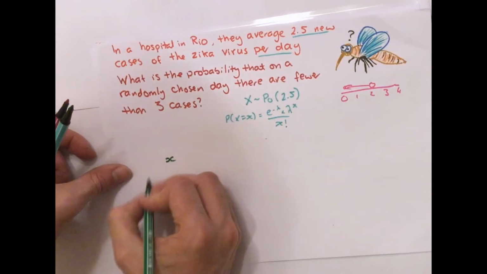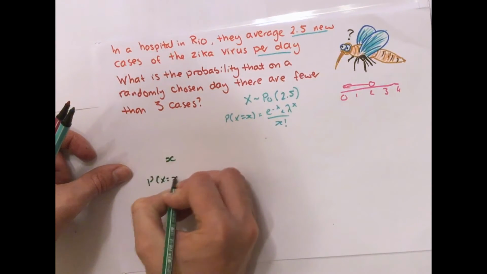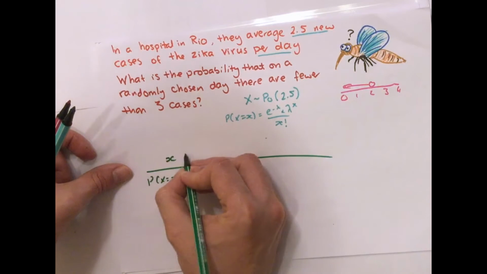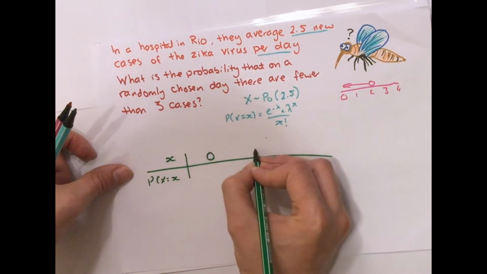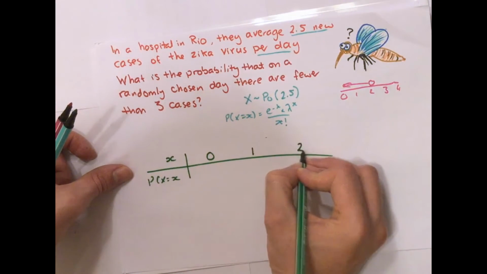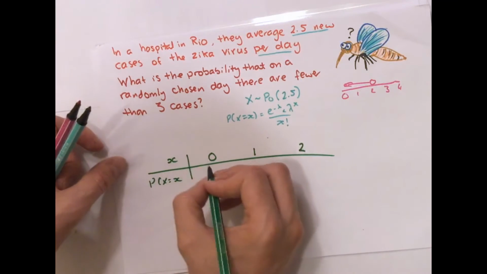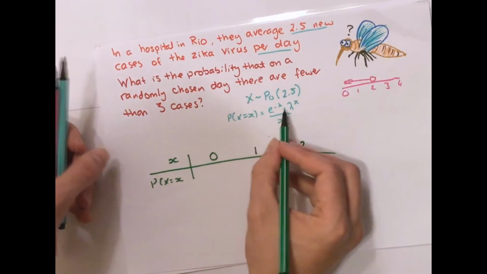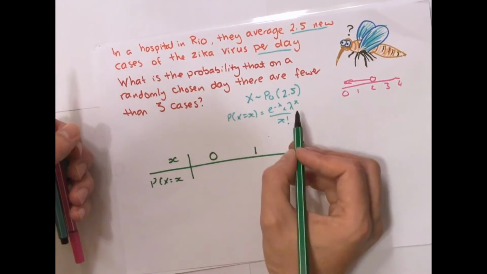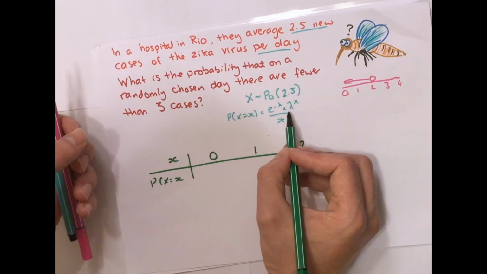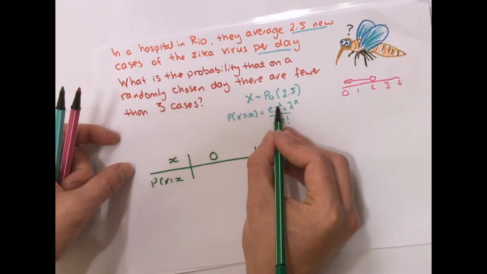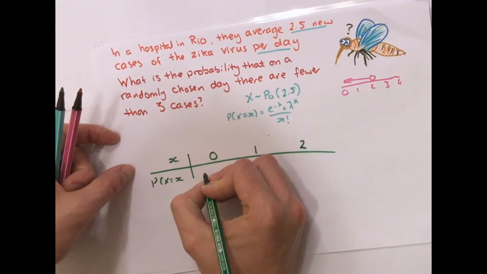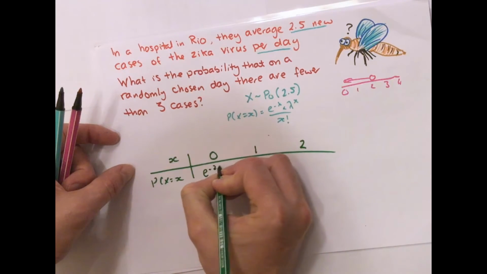We want to find the chance that x equals 0, 1 and 2. To start us off, in the case of 0, it boils down to e to the minus lambda, so that's e to the negative 2.5.